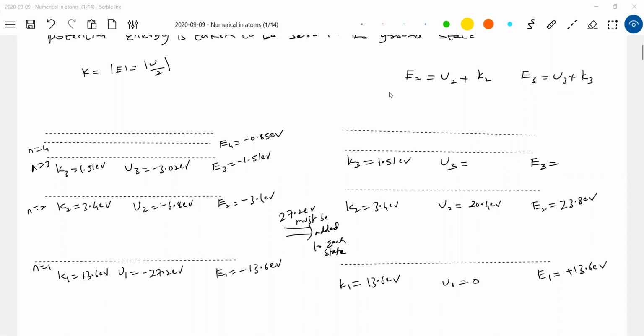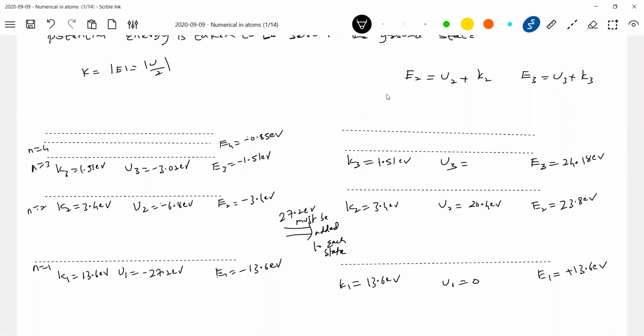How will 47 come? 27 minus 27.2. 24.18. Subtract again with this, we'll get the U3.